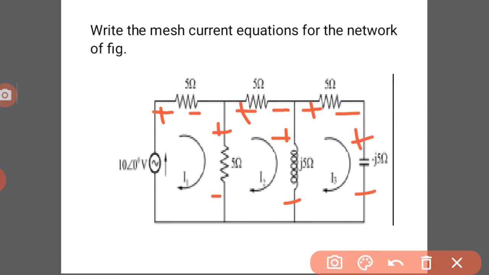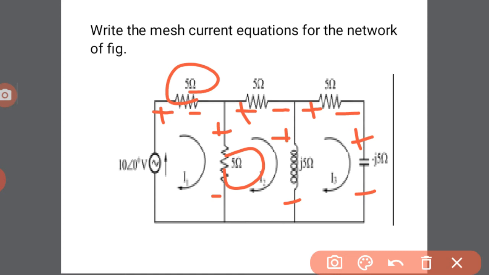First go for loop 1. The loop 1 current is I1. So 5 ohms into I1 minus 5 ohms into the current in between the two loops, that is I1 and I2. Two currents flow through this 5 ohm resistor, I1 and I2.